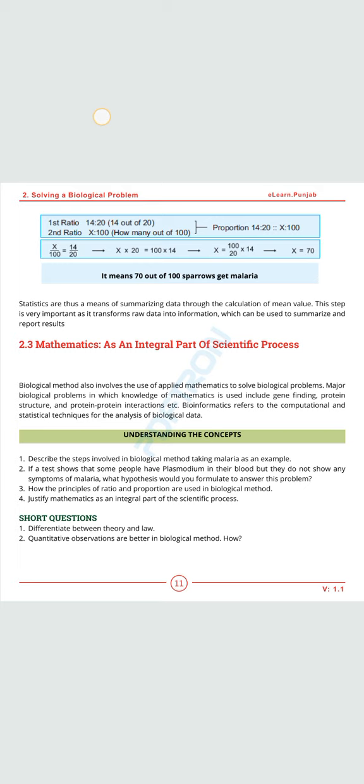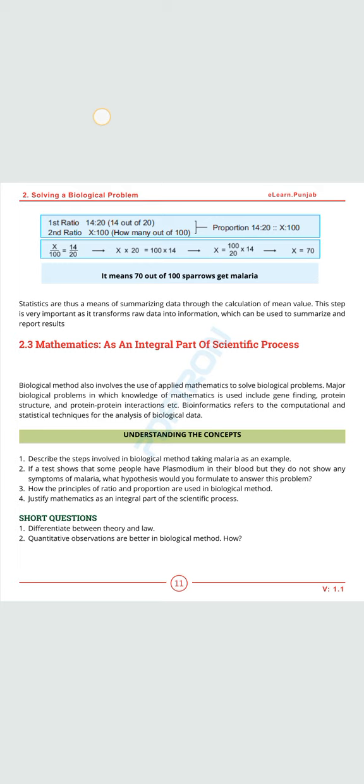Major biological problems in which knowledge of mathematics is used include gene finding, protein structure, protein interactions, etc. In these interactions, structure finding or gene finding, we use mathematical rules to find this data.